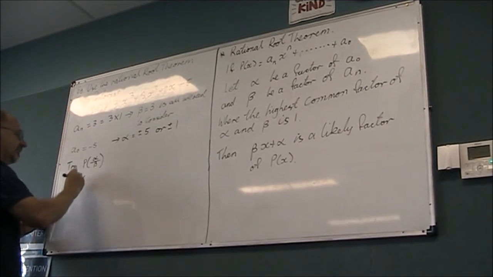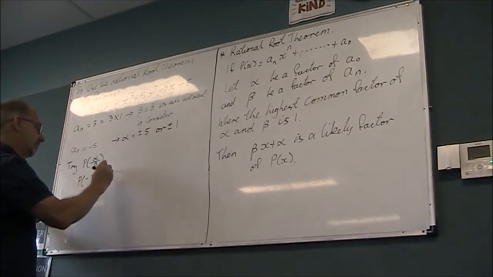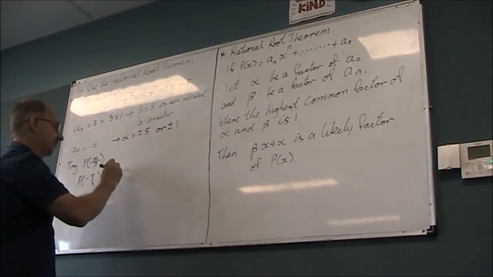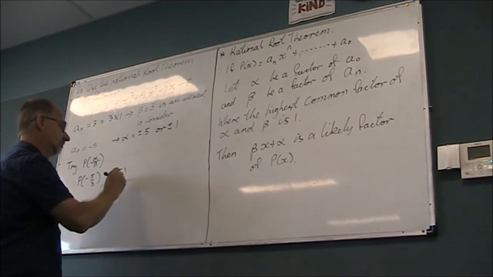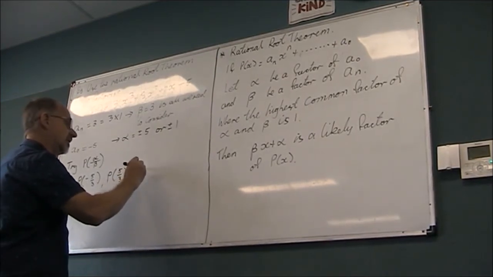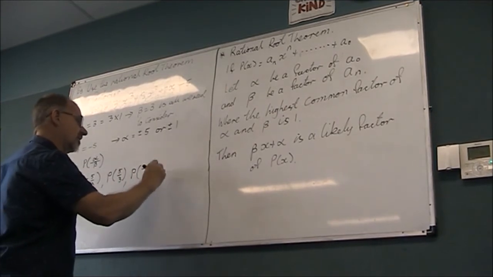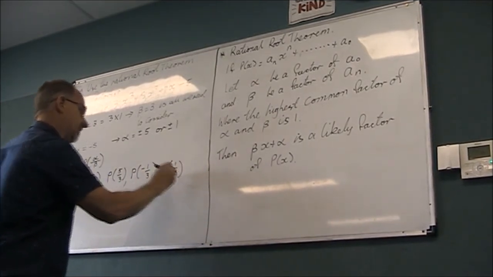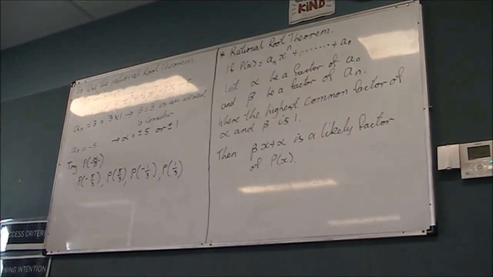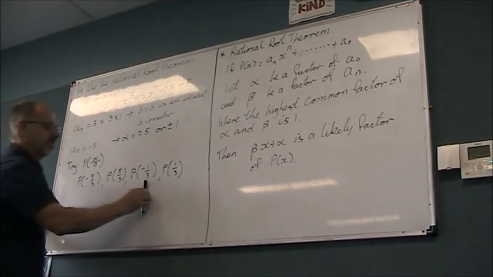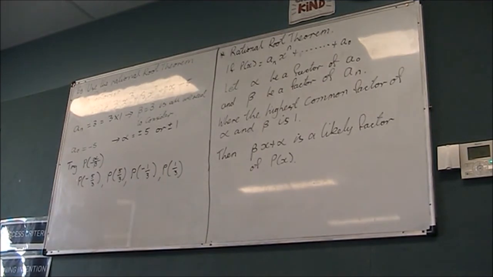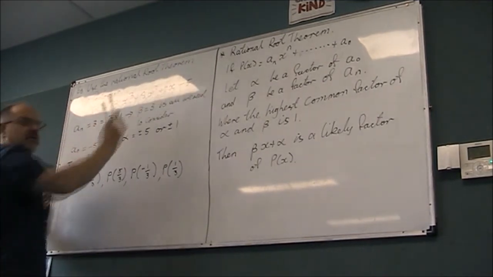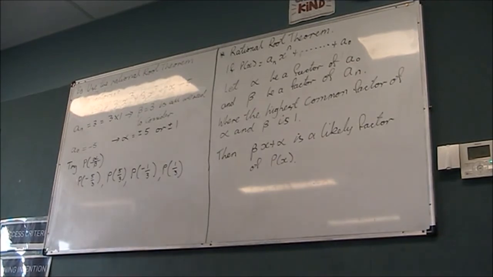So we want to try P of -5/3, P of 5/3, P of -1/3, and P of 1/3. So we've narrowed down however many possibilities down to 4 options, and we've used our first and last numbers to narrow those down.